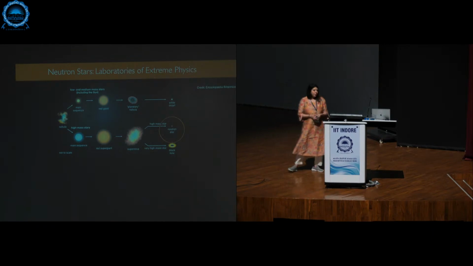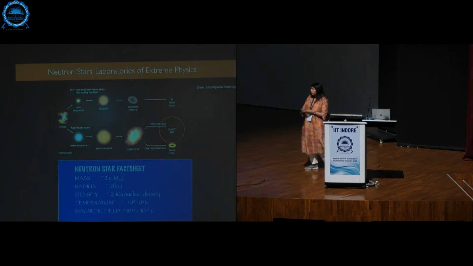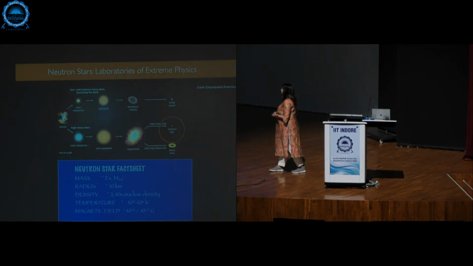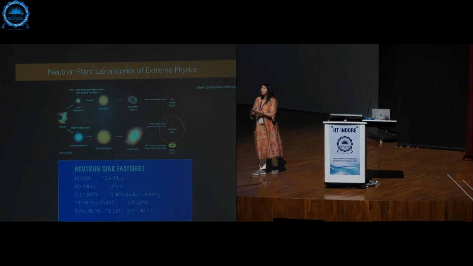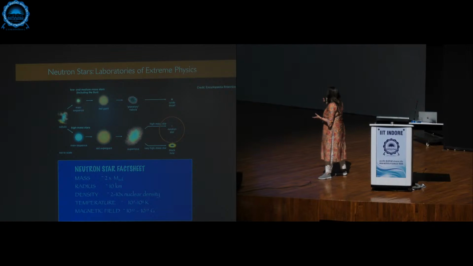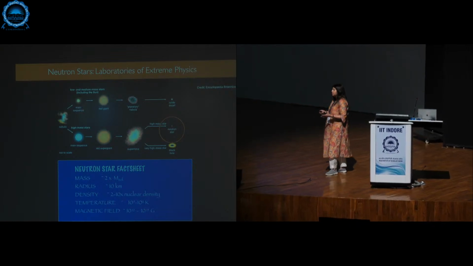And a small back of the envelope calculation will tell you that these objects have masses comparable to that of the sun, but within a very small radius of only 10 kilometers. So imagine crushing the sun to 10 kilometers, and we can understand how high the densities in such systems can be.